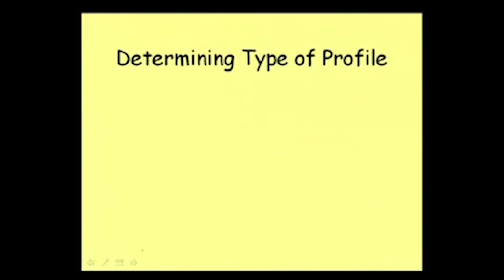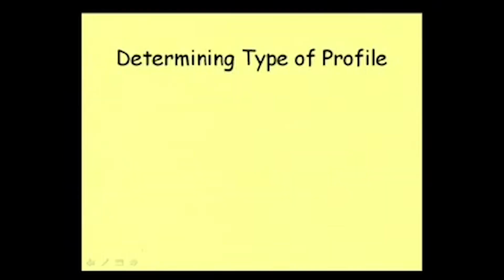Now when we talk about computation of gradually varied flow, our first approach is to determine the type of profile. So, a problem once it is given, the first step is that we should calculate yn, the normal depth.